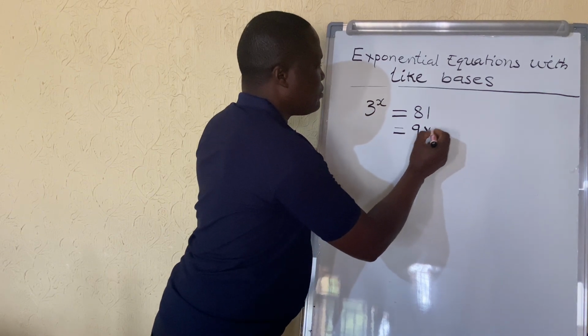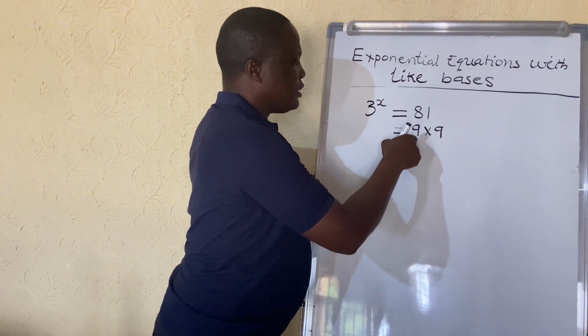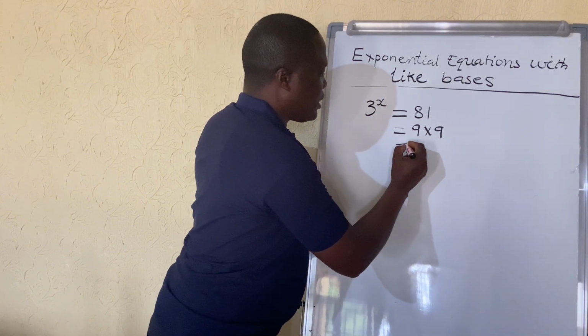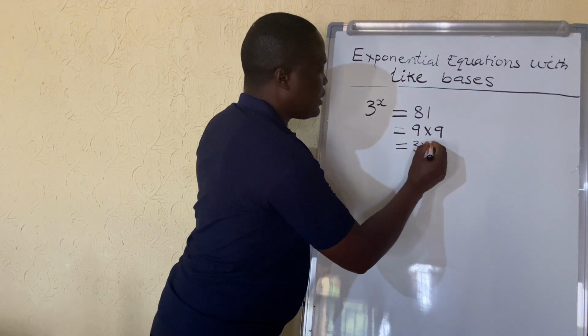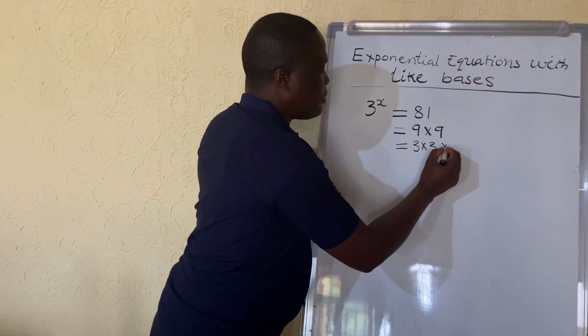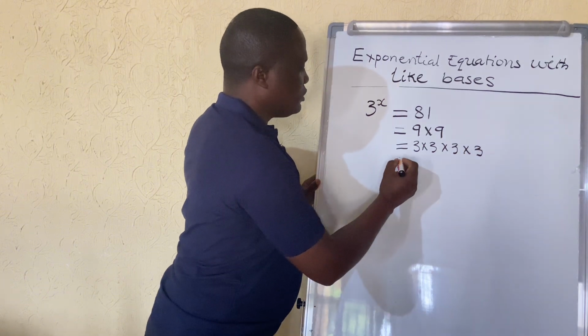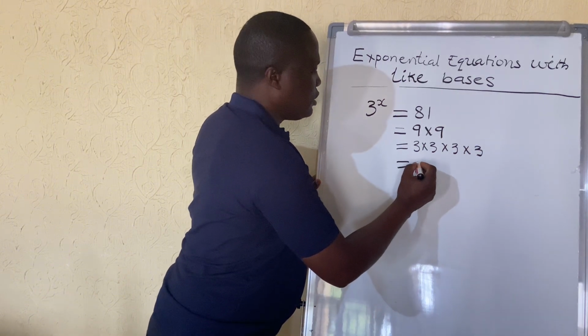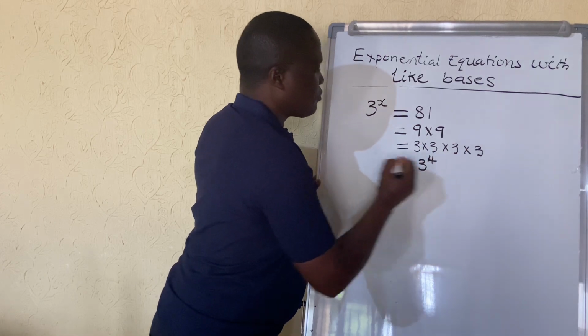9 times 9. 81 is 9 times 9, but 9 is 3 times 3, so we write this as equal to 3 times 3 times 3 times 3, and this is equal to 3 raised to the power 4.